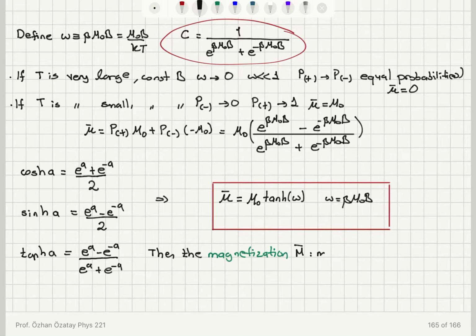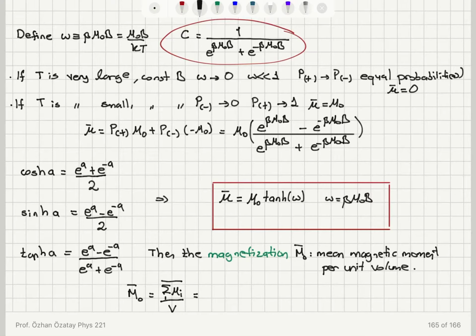It's going to be the mean magnetic moment per unit volume. Let's call this M0 bar. M0 bar will be the sum over all moments' average value divided by the volume V.